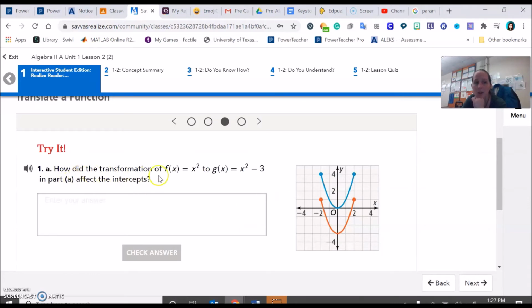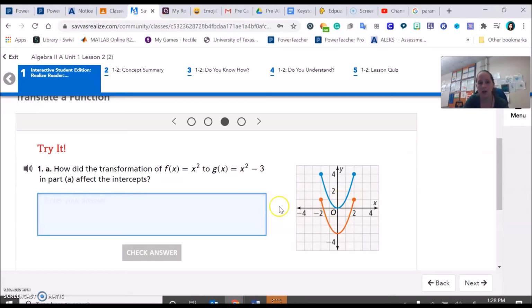So it says, how did the transformation of f of x equals x squared to g of x equals x squared minus 3 in part A affect the intercepts? Okay, so I'm looking at where it crosses the y-axis or where it crosses the x-axis. So looking at the y-axis, it affects the intercepts right here.